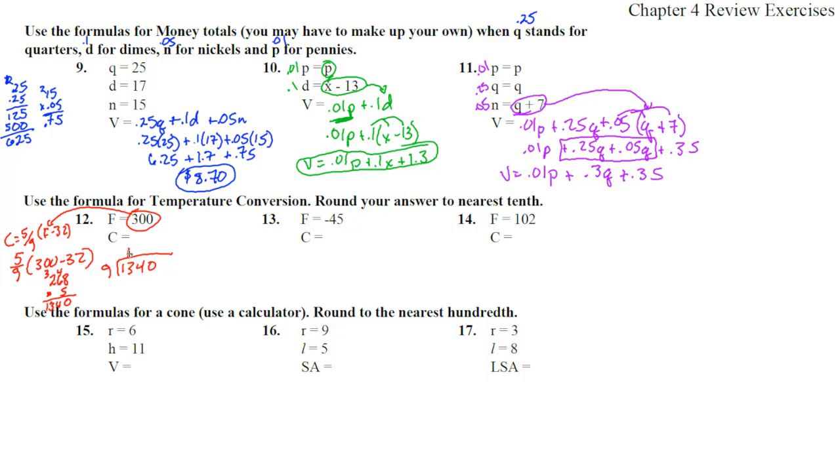9 goes into 13 once. That's 9. Subtract and we get a 4. Bring down the 4. 9 goes into 44 4 times. That's 36. It's an 8. Bring down a 0. 9 goes into 80 8 times. So it'll be 148. 80, that's 72.